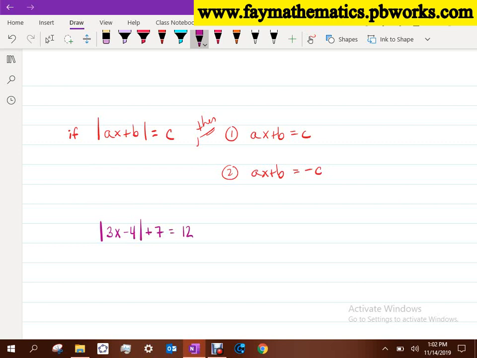Okay? So this is the rule that we have to use, right? Our problem has to look just like that. Does our problem look just like that? No, it does not.